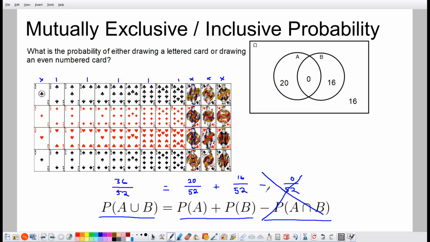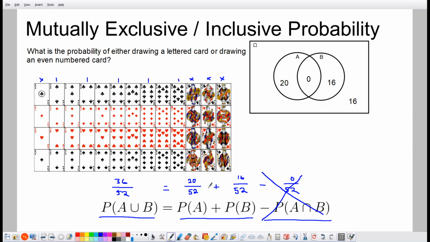If there's only one event out of 52, this corrective event is going to be very small, and so these two numbers are going to be very close to one another. However, if a whole lot of A overlaps with a whole lot of B, and there's 50 out of the 52 cards that match this criteria, well, all of a sudden, this result over here and this result over there are going to be wildly different, okay?